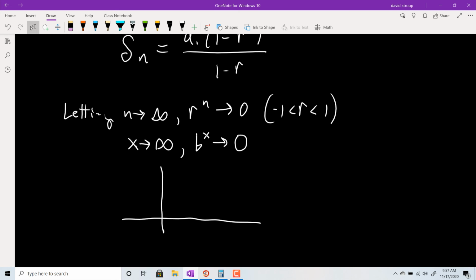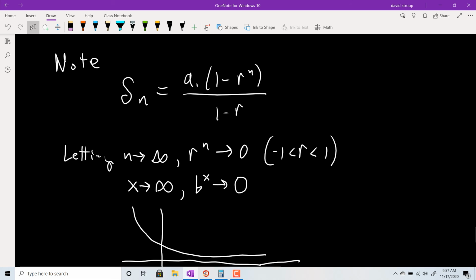So as x goes to infinity, if the base b is in between -1 and 1, in particular, if it's less than 1 but greater than 0, you get exponential decay. So as x goes to infinity, b to the x goes to 0. And that's the same thing I'm saying, but with n's instead of x's, and an r instead of b.